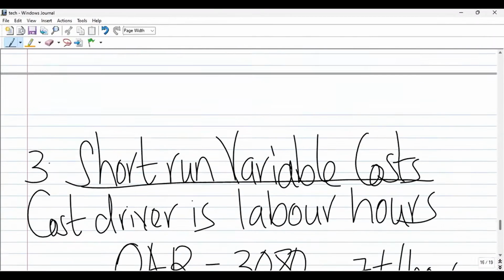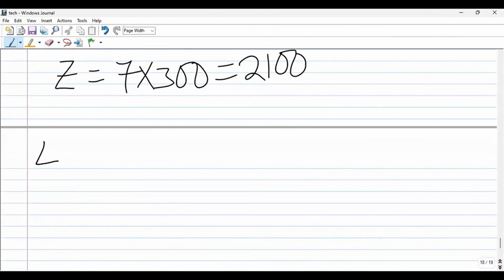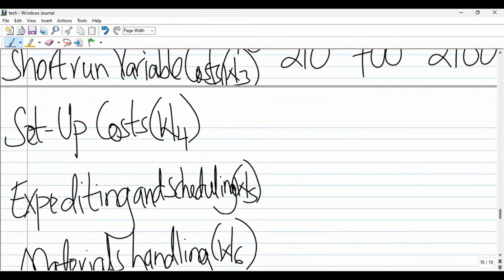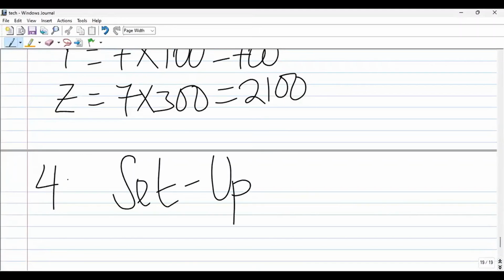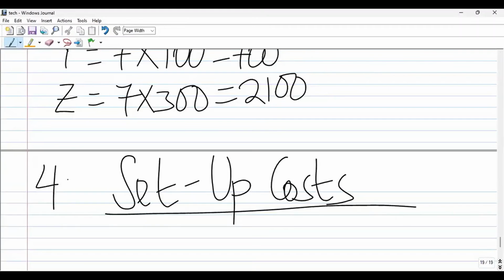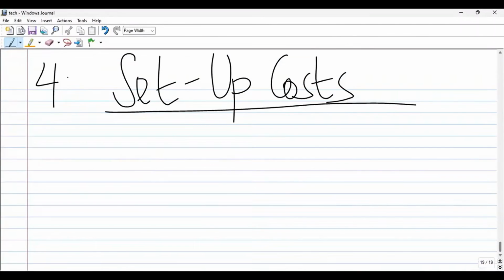That is working number 4, setup costs. Whenever you see setup costs, they relate to machinery because it is the machines that are being set up. So when we have setup costs, we write the cost driver.